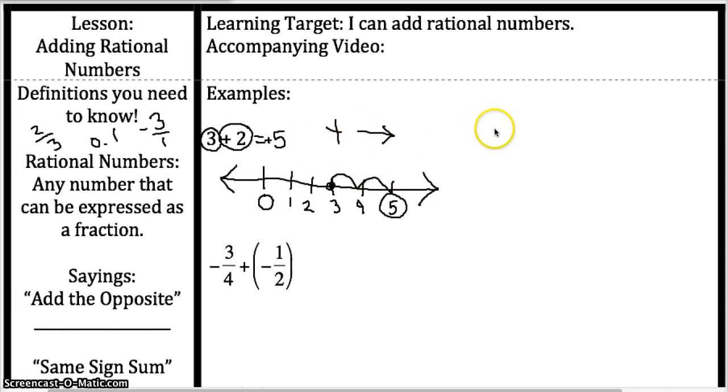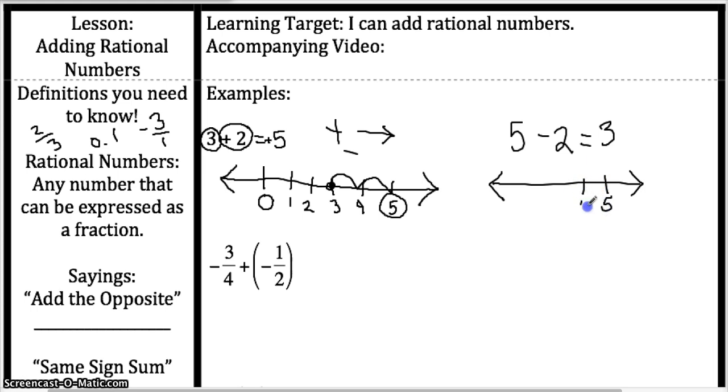Now, if we were subtracting, if we had 5, that should be subtraction. Let me change that real fast. If we had 5, take away 2 is 3. It would be the opposite direction, right? We would do 5 take away 2 equals 3. And on my number line, this would be my 5.